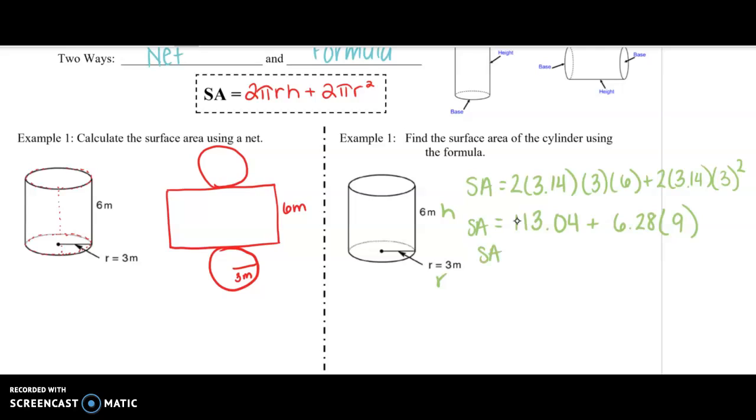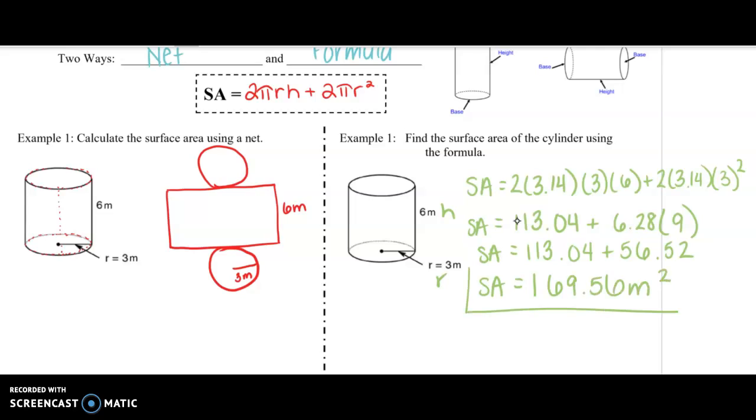So the surface area is equal to 113.04 plus 56.52. Add those two numbers together, and I would get 169.56 meters squared. Again, it's surface area, so it would always be squared.